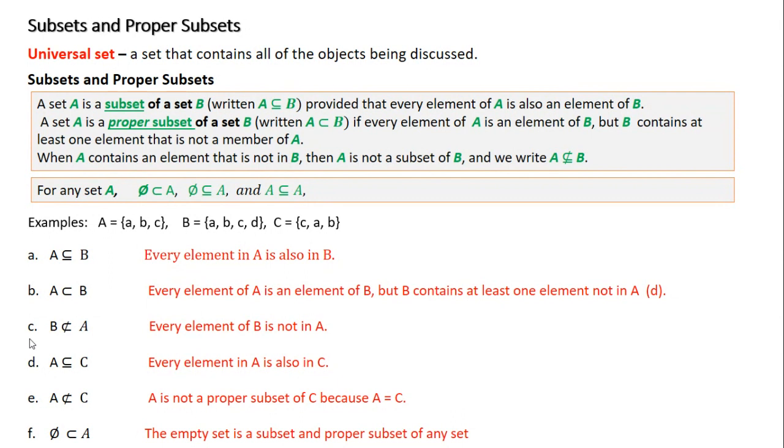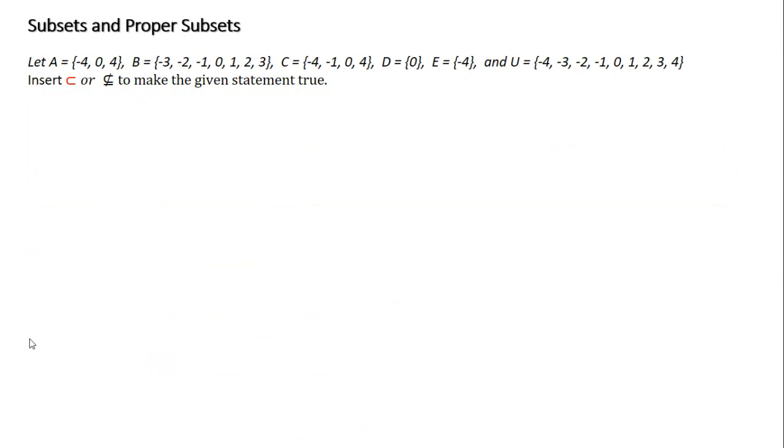Yes? All right. So let's look at some actual work. Let A equal -4, 0, 4. Set B is -3, -2, -1, 0, 1, 2, 3. C is -4, -1, 0, 4. D is 0. Okay, that's not the empty set, there's one element in there. E also has one element, -4. The U here, as before, represents our universe.